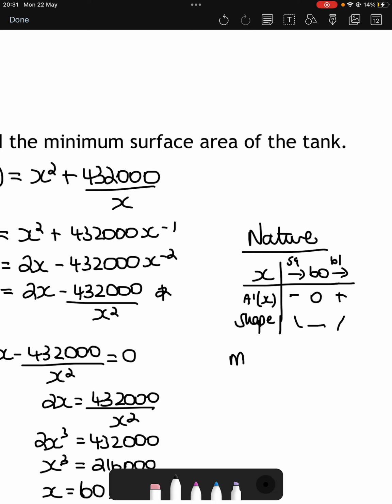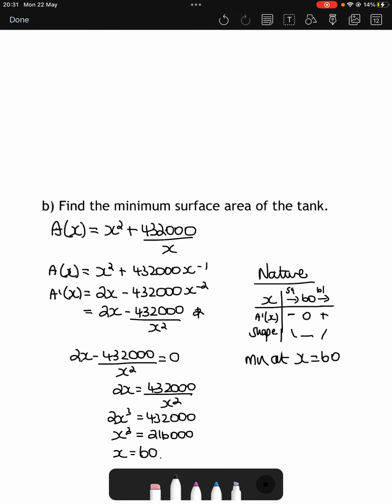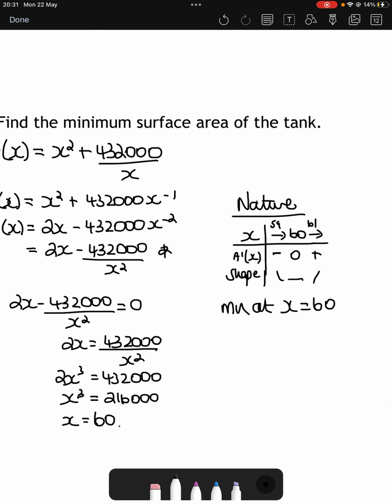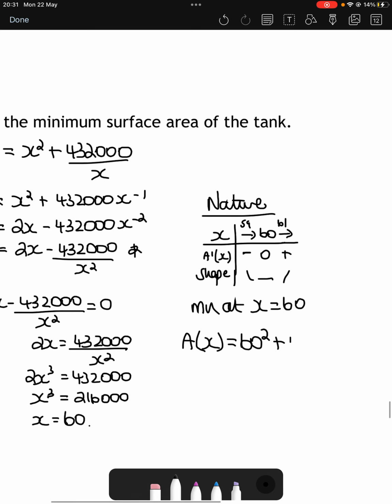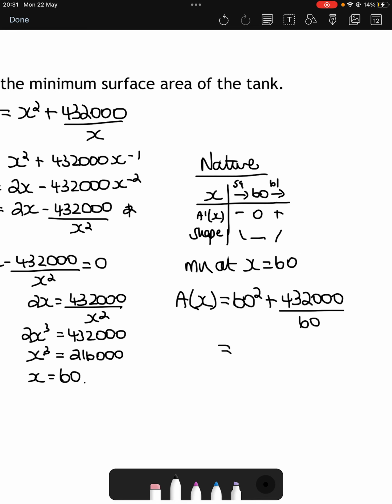What we want, so minimum at x is 60. What does the question ask us? It does ask us for the surface area, right? So I'm going to sub it in to our formula, and then get an answer. 10800 centimetres squared.